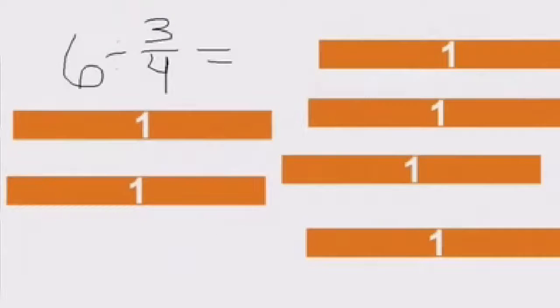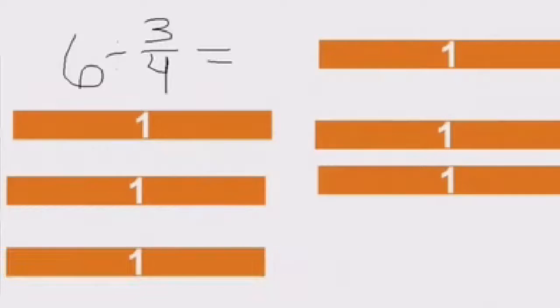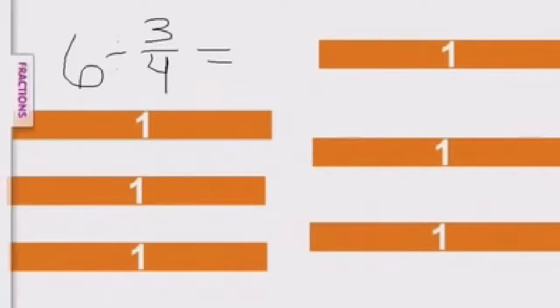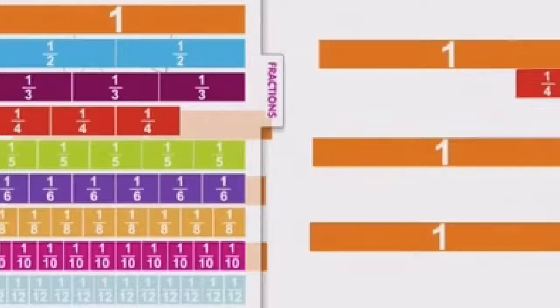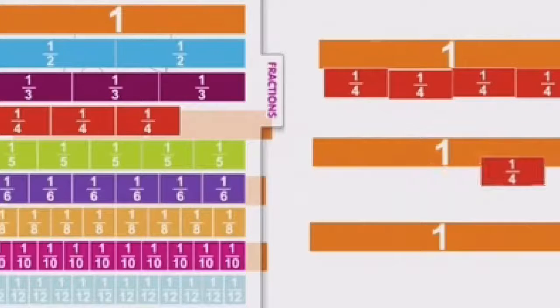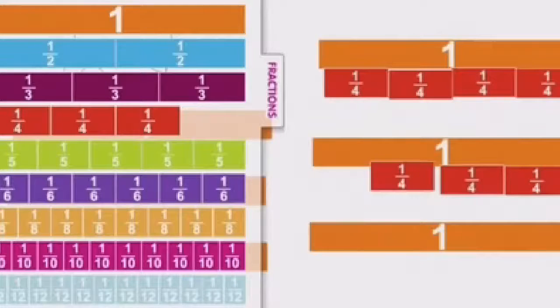And we're dividing it by 3/4, so we're going to use our 1/4 pieces. Remember that you should have 4 pieces for each whole number 1. That 4 means you need 4 pieces to make a whole.